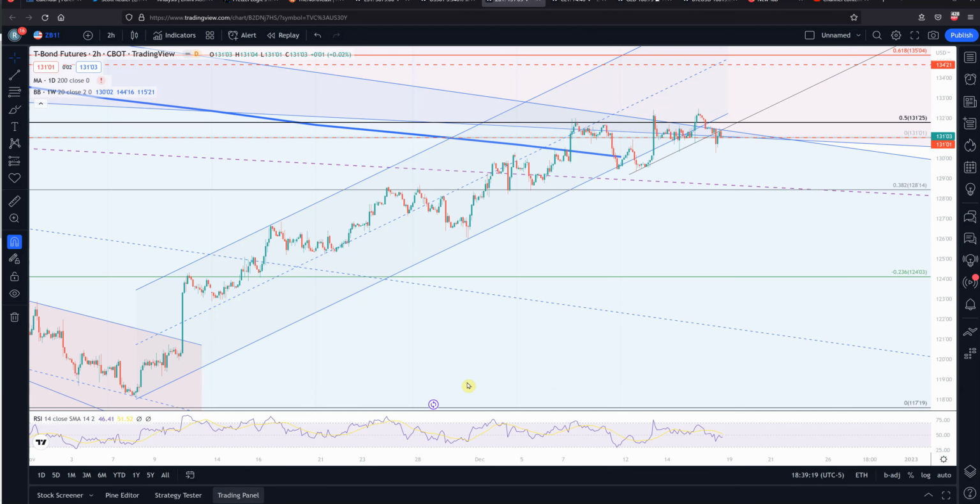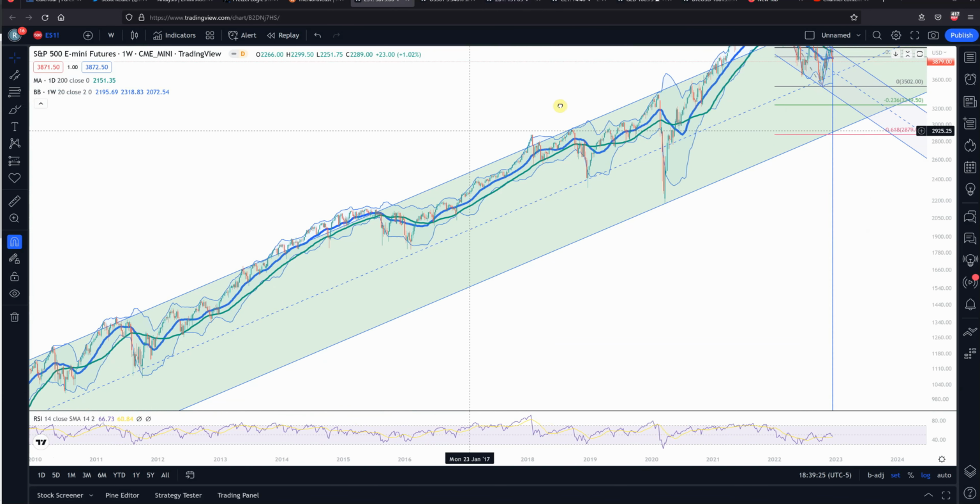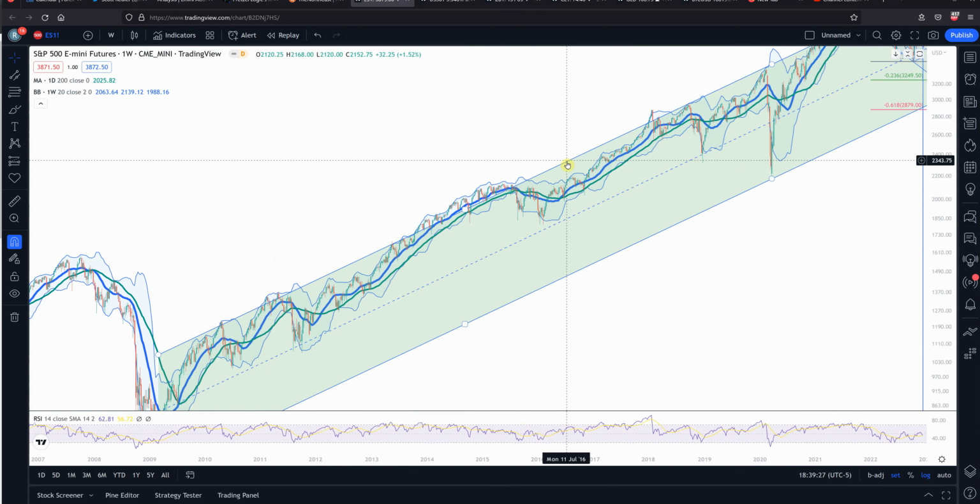And so I have talked, where did my chart go? Here's the weekly log scale ES chart, right? This green channel is the bull market since 2009.